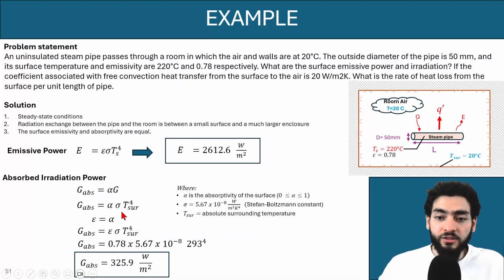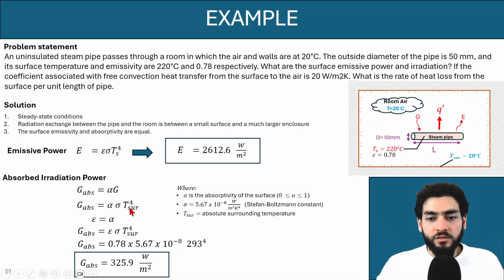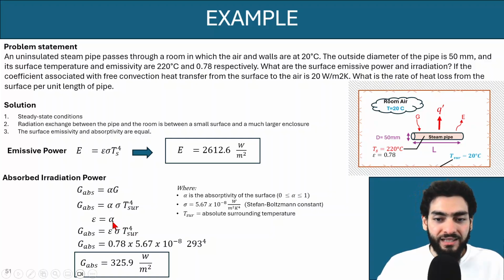which based on our assumptions, we can assume is that coming from a black body, and so would be the Stefan-Boltzmann constant multiplied by the temperature of the surrounding to the power of 4. And because we're assuming that this is a gray surface, the emissivity can be equal to the absorptivity. And we know what the emissivity is. It's 0.78.